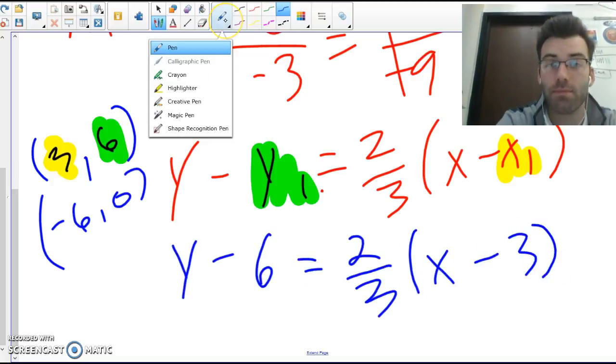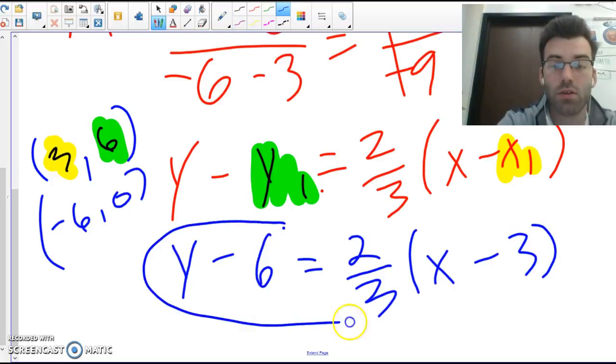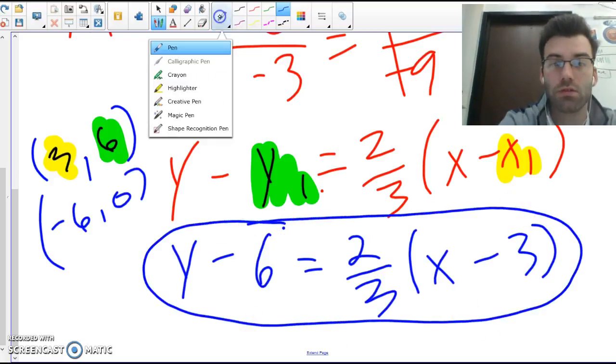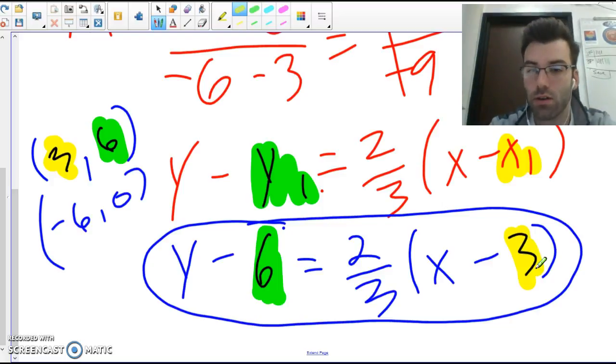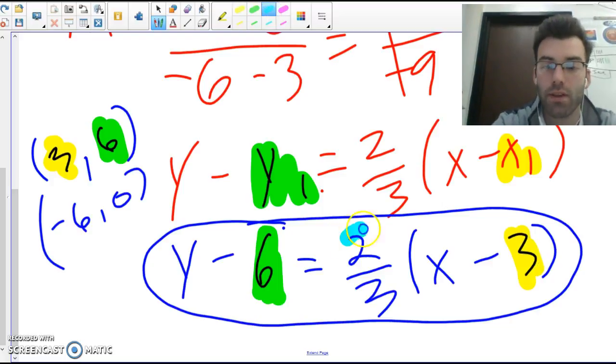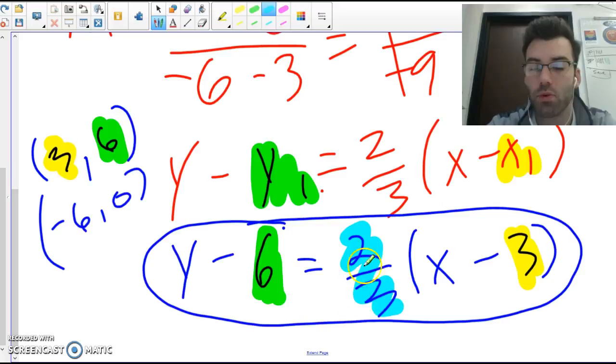And then stop. That's it. That's all you have to do. You're finished, because y is 6 and x is 3, and we know that our slope has a value of 2 over 3. That's point-slope form because I can see the slope and I can see a point on that actual line.